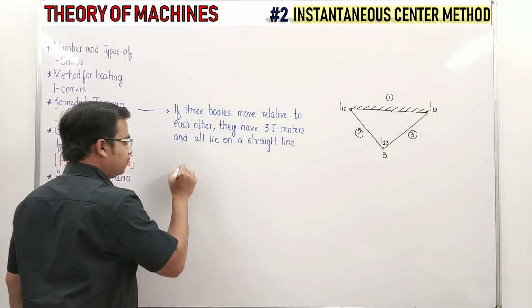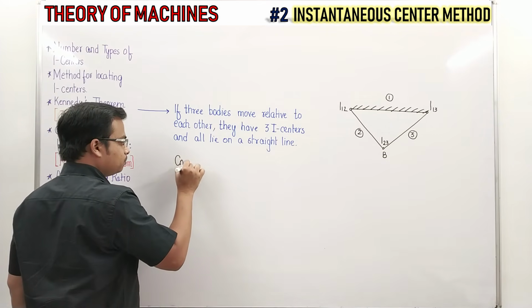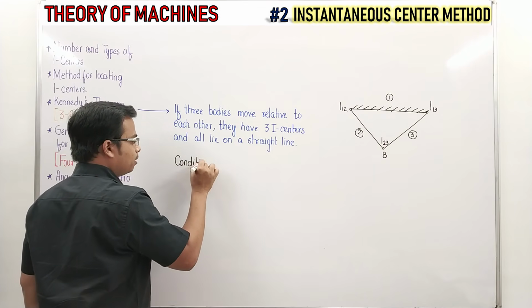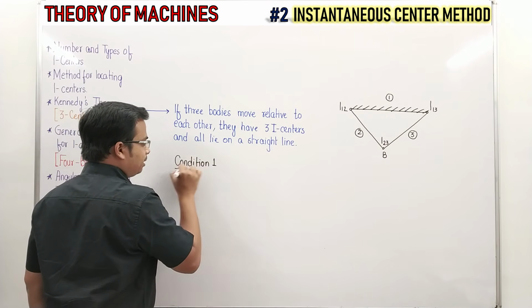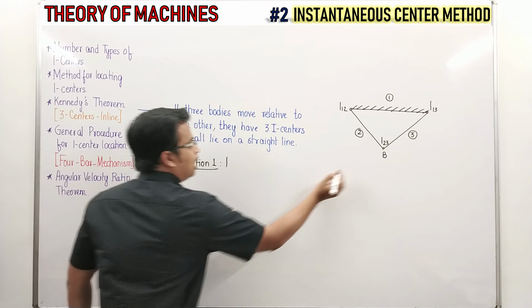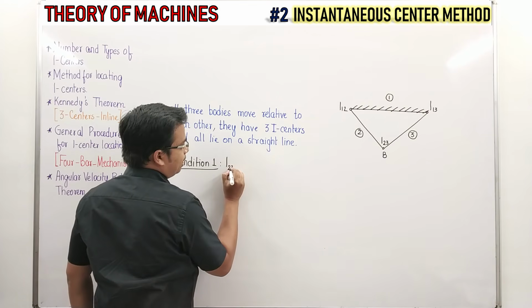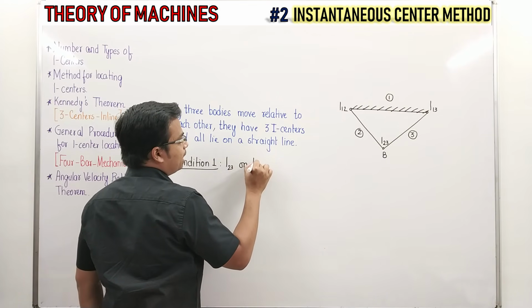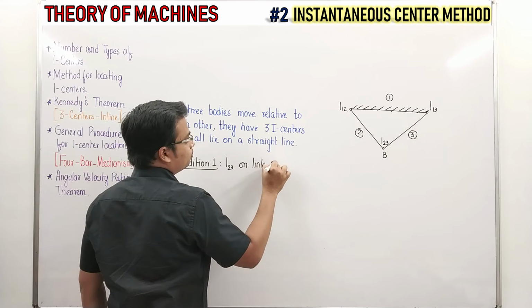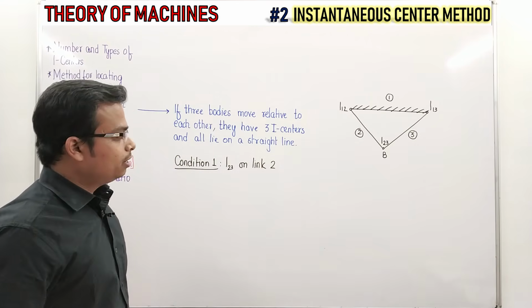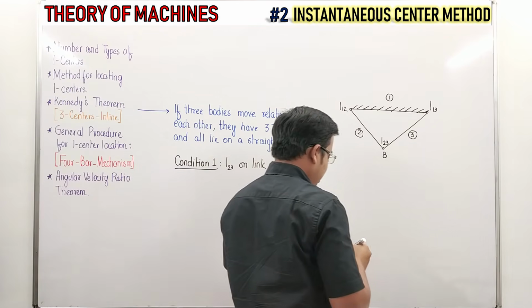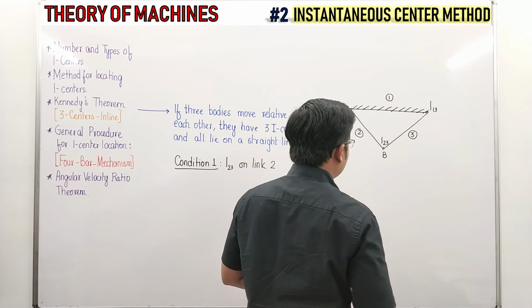Condition 1. In condition 1, we'll consider this I23 as a part of link 2. If I23 is on link 2, just take a careful look at this.